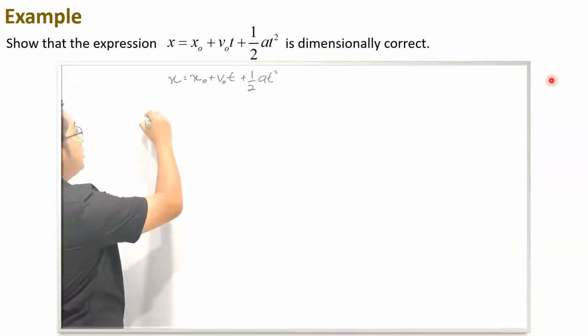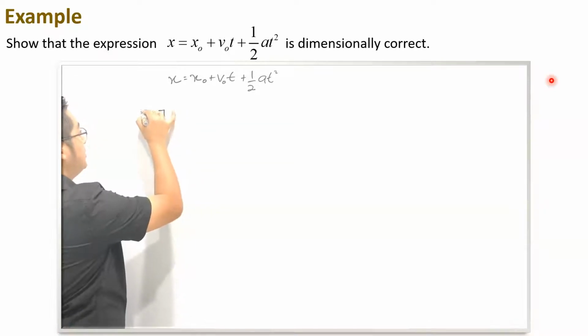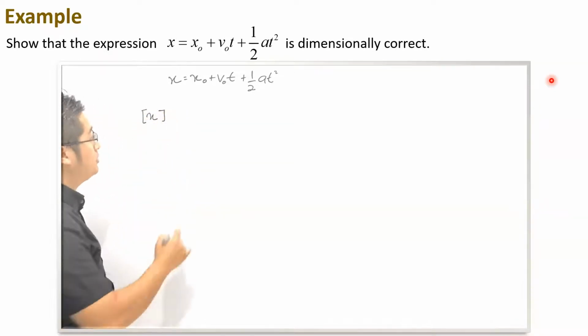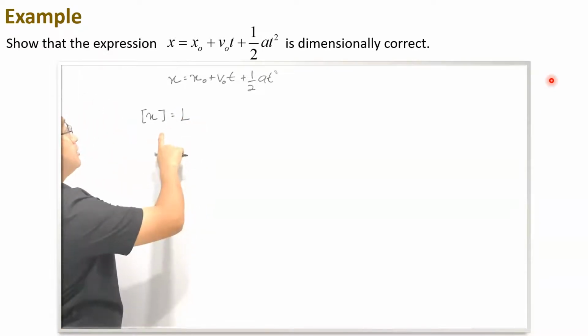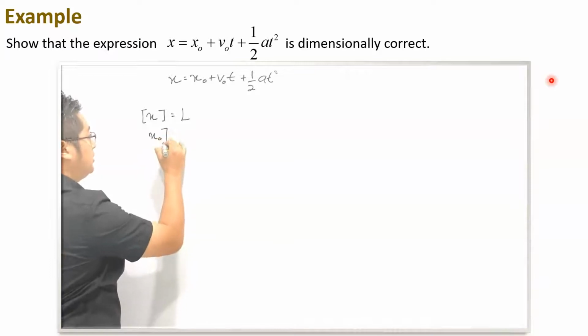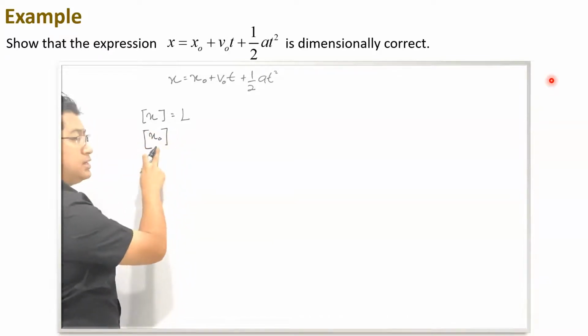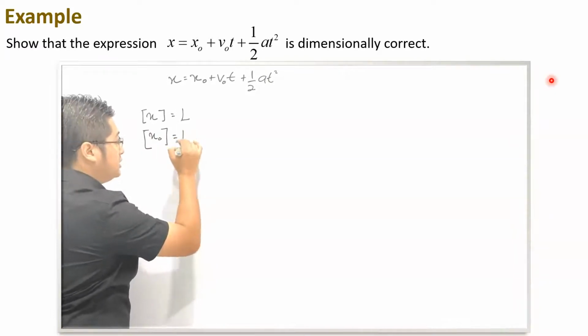The dimension of x is written as x in square brackets, which means the dimension of x equals L, length.